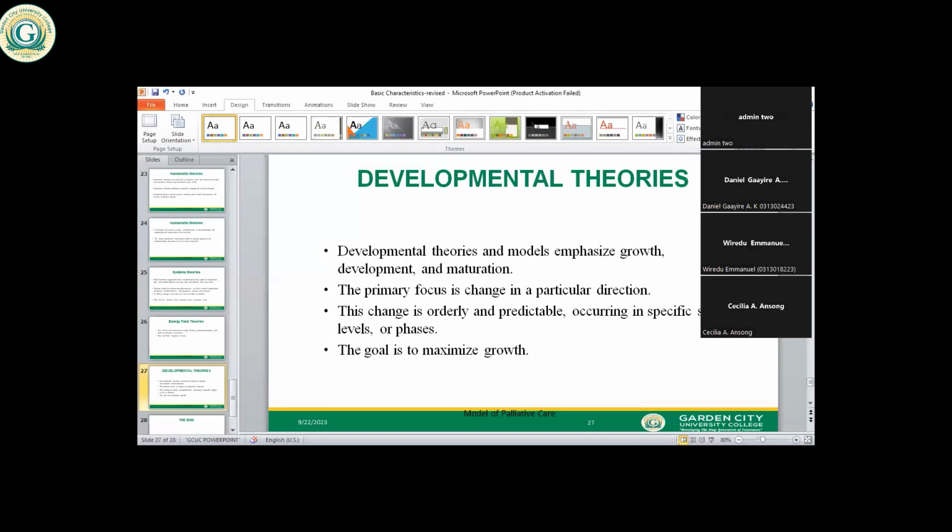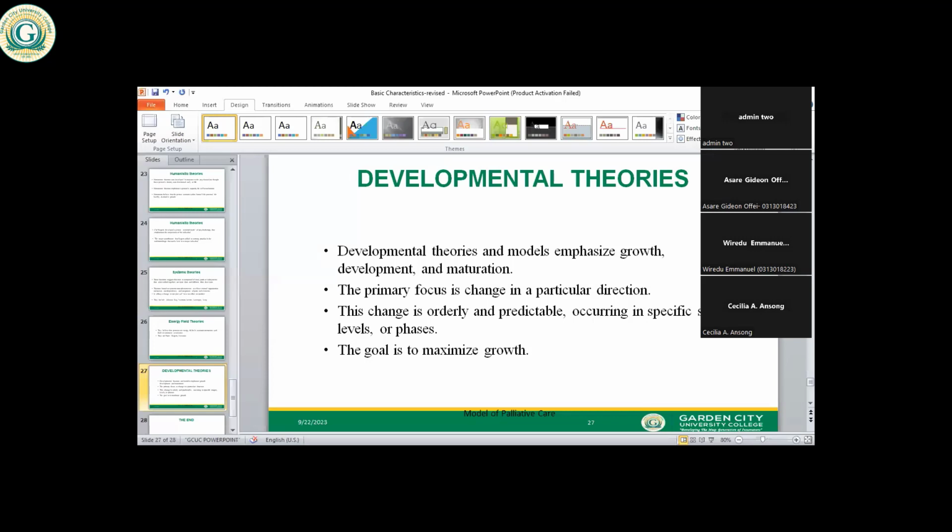Any other? There is another hand up. Mr. Gideon Ofei. Please, what about Sigmund Freud? Yes, Sigmund Freud. Those are very typical examples that we can give of theories under developmental theory.